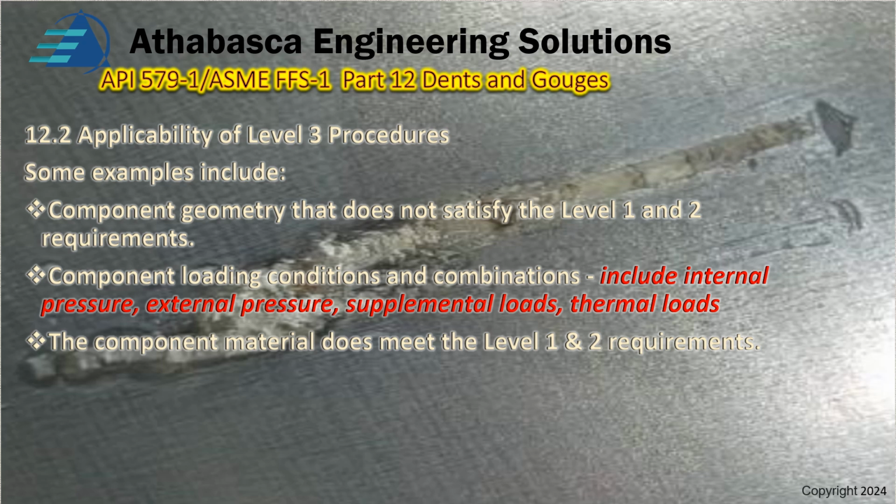So recall that with gouging, when you remove material mechanically, you'll have a very thin, hard layer that must be removed under any condition, whether you want to continue service or not. That hardened surface must be removed, and that's part of the conditions of the standard.